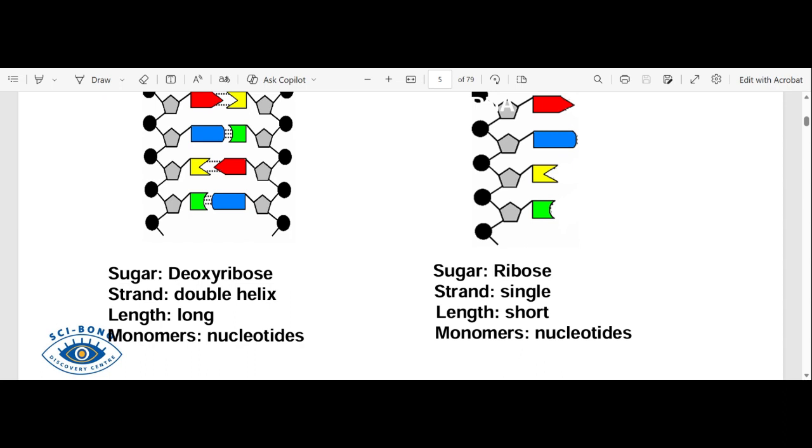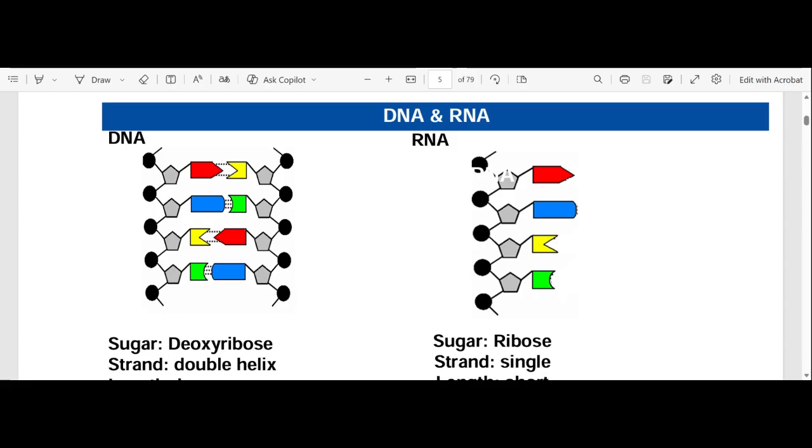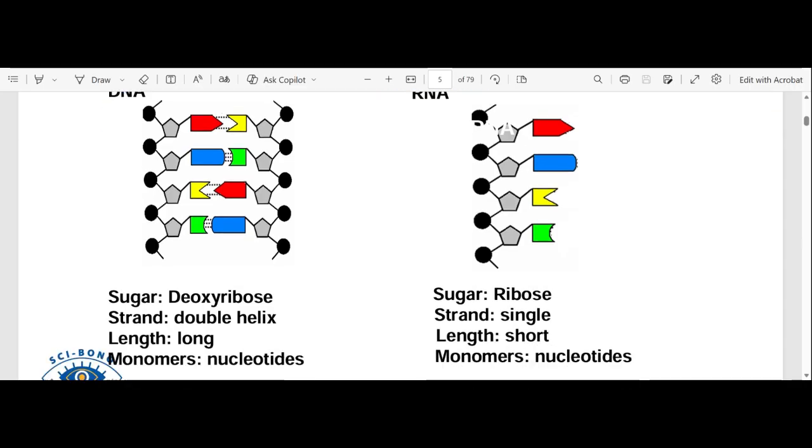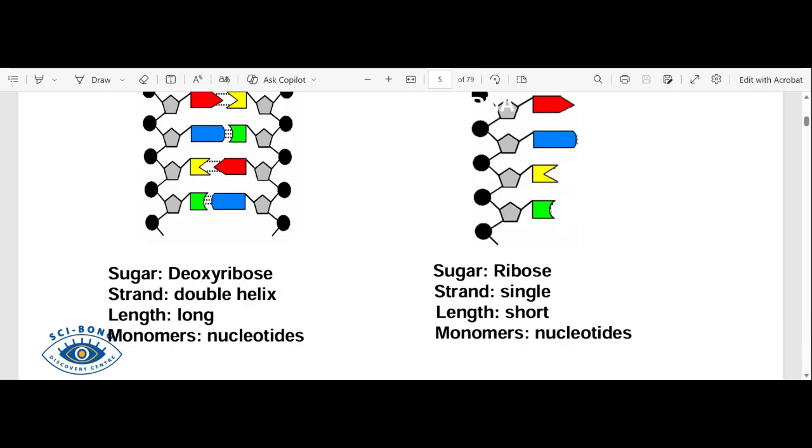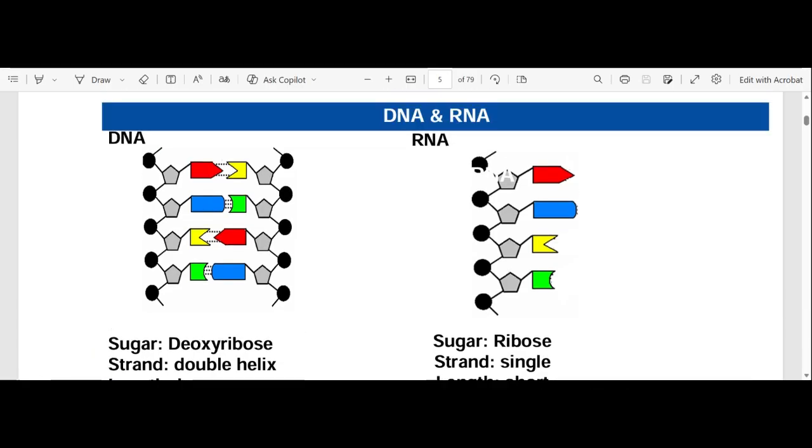Now let's look at the length. When it comes to DNA, the length is long, and when it comes to RNA, the length is short. Another structural difference is that DNA contains thymine, whereas RNA contains uracil. I'll repeat that again: DNA contains thymine and RNA contains uracil.